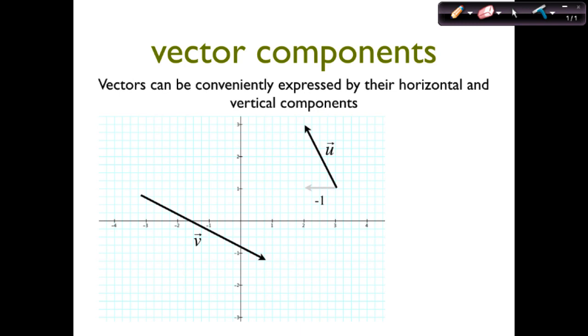Do you see, as you move from tail to tip, horizontally, what happens? You decrease by 1. And what happens vertically? Move up how much? 2, right? So this vector u can be described as horizontally -1 and vertically 2. And then what about v? Horizontally what?